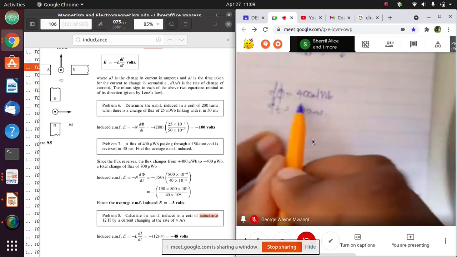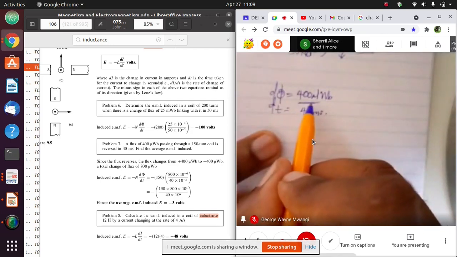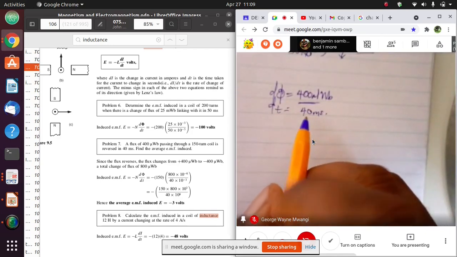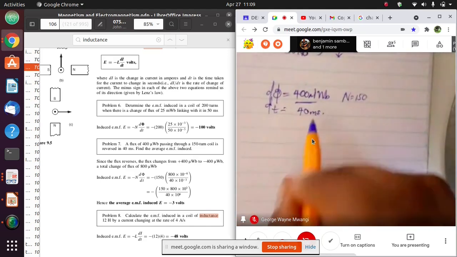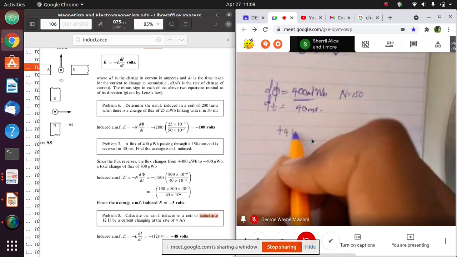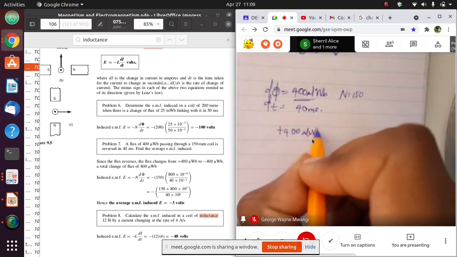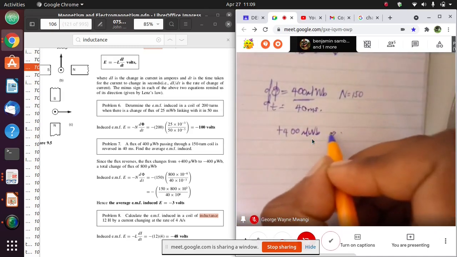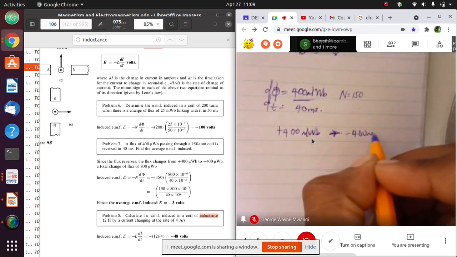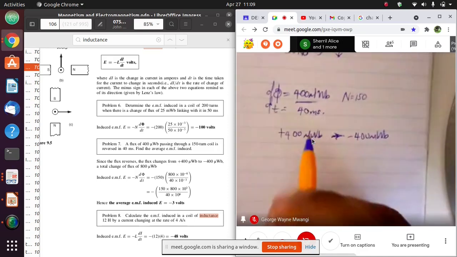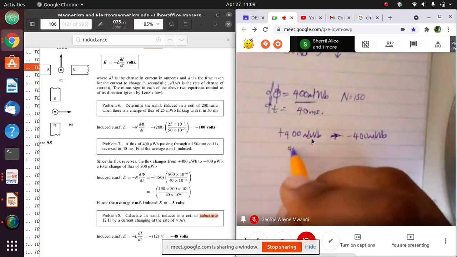Now we've been told that this flux is reversing as it passes the 150 turn coil. That means that it goes from positive 400 microweber to negative 400 microweber. So the total change in flux will be 400 plus 400.